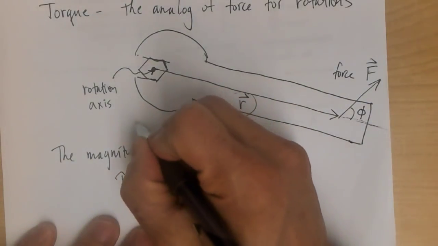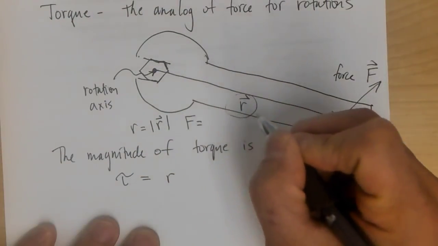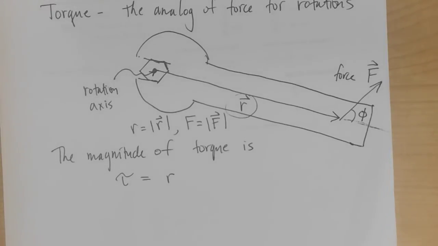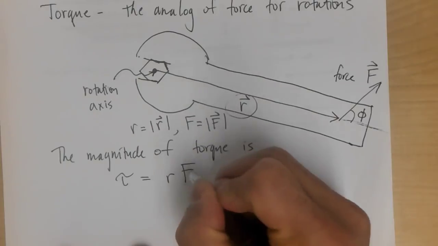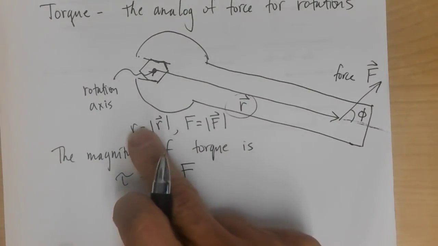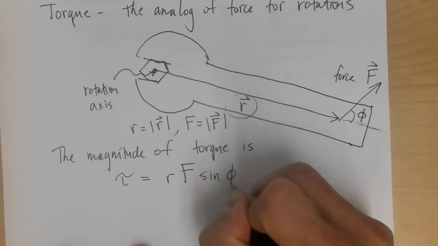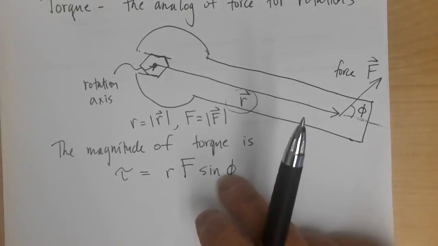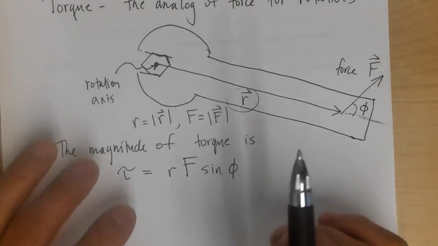So r is just the magnitude of r. As usual, F, just plain F, is the magnitude of the force. Then the magnitude of the torque is r times F times the sine of the angle between these two vectors. Notice it's not the cosine, it's the sine. It's different from dot products.